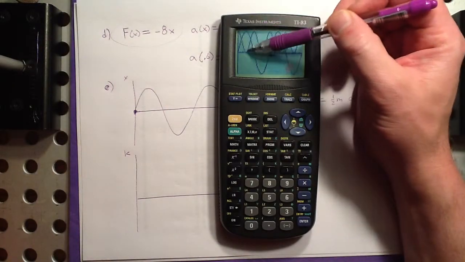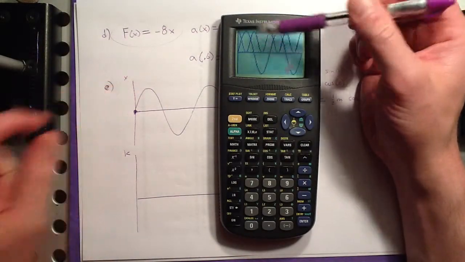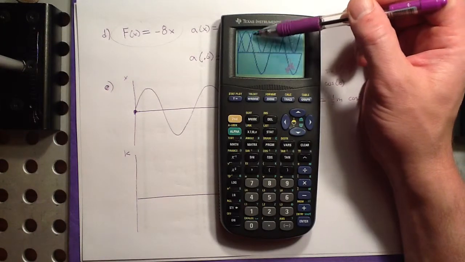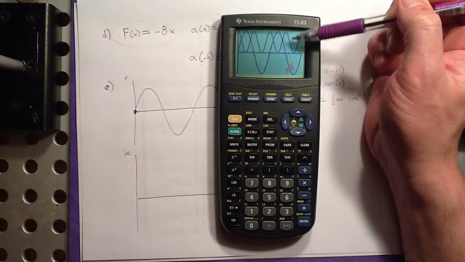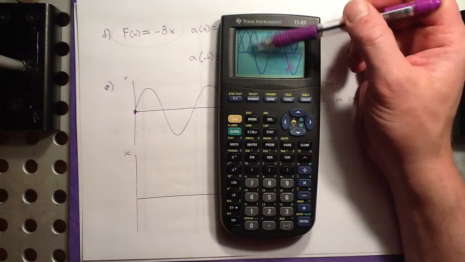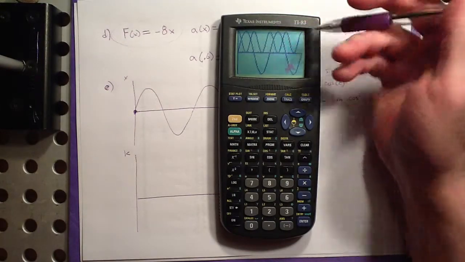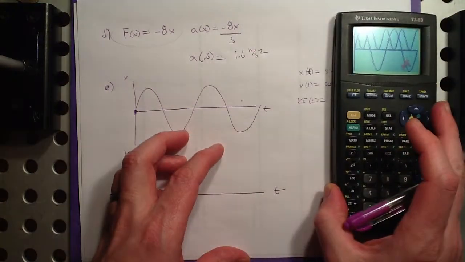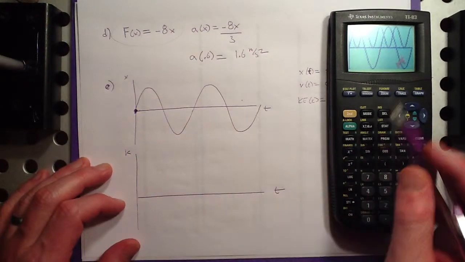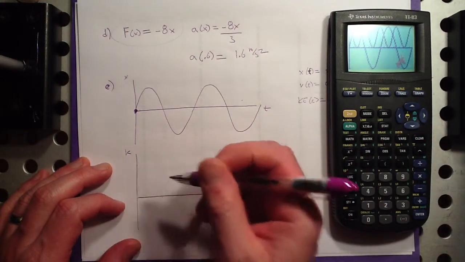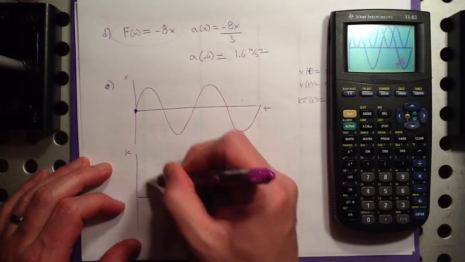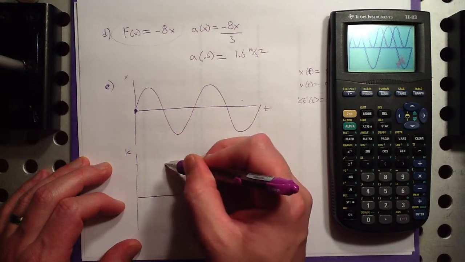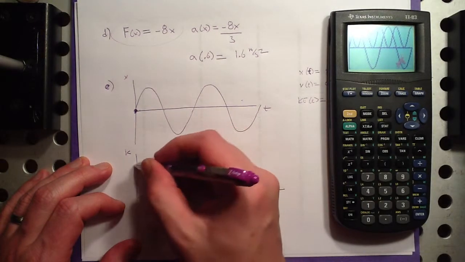And then the kinetic energy, when you square the velocities here, maxes out. And because we're squaring it, we never have negative values, so it stays always above. Of course, kinetic energy is always positive, so it makes sense. So when this maxes out, this gets to a minimum and then a maximum again.